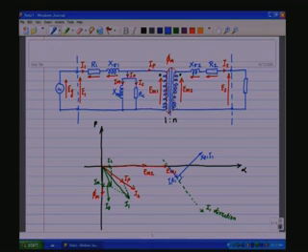This is 90 degrees. So, Em1 plus x sigma1 I1 plus I1 R1 all put together will give you the phasor E1 in this case, because we are talking of RMS quantities. So, this would be the E1 phasor, this one.